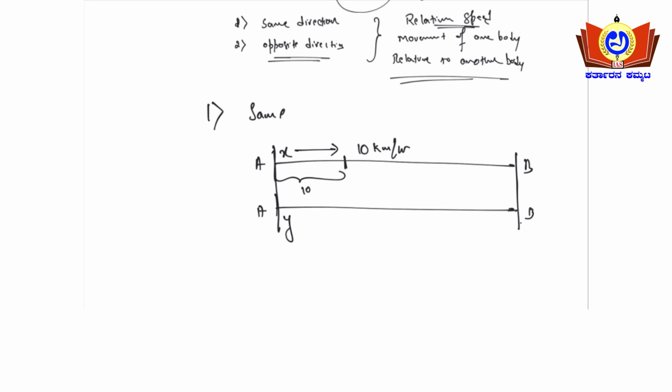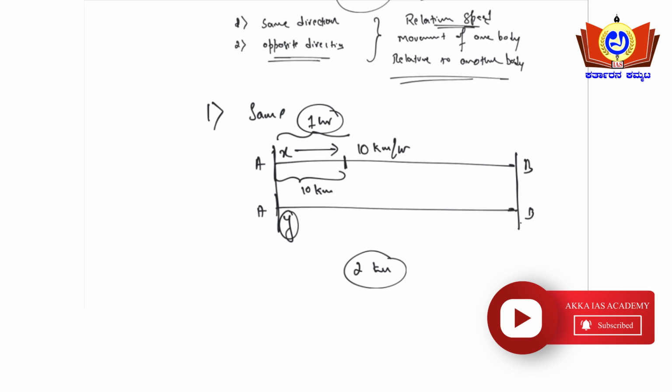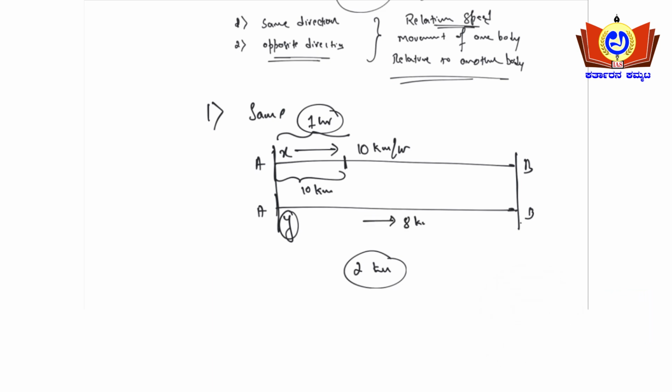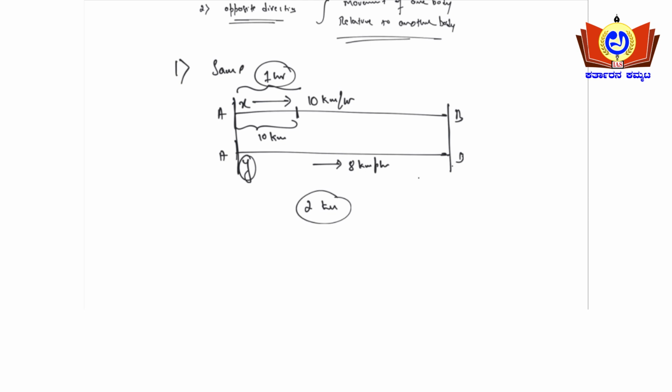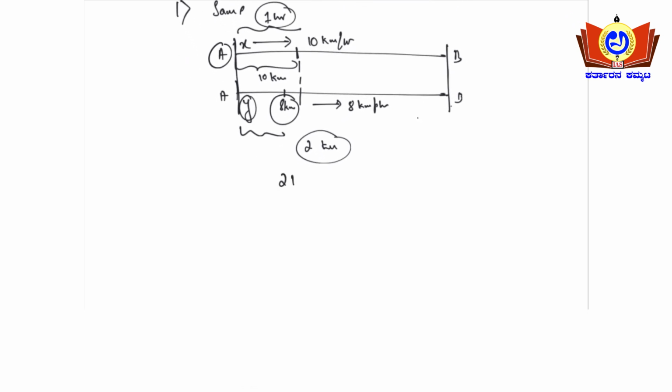Say person Y, traveling in the same direction, is slower by 2 kilometers, so his speed will be 8 kilometers per hour. For the same 1 hour he will travel 8 kilometers, while X travels 10 kilometers in 1 hour. See, the difference is 2 kilometers, right? So this is the relative speed.